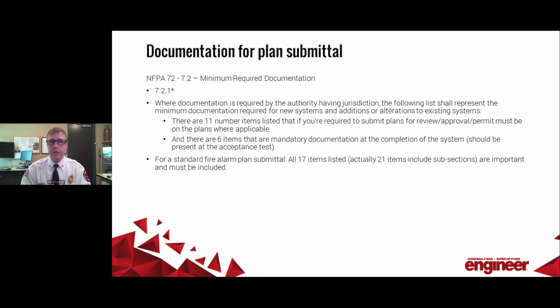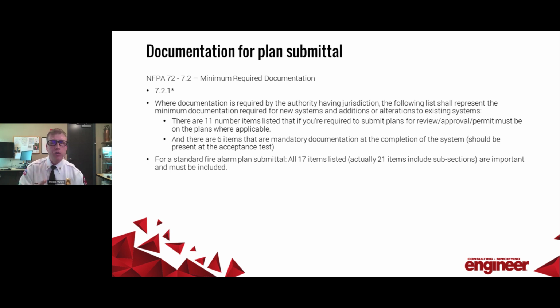And then the next section down also says that it applies to existing fire alarms. I don't think it uses that word, but it says fire alarms that are being altered or renovated or additions to, right? So anytime you're working on, adding to, or modifying that fire alarm, this documentation chapter does apply. So then we get into 7.2, which is minimum required documentation.